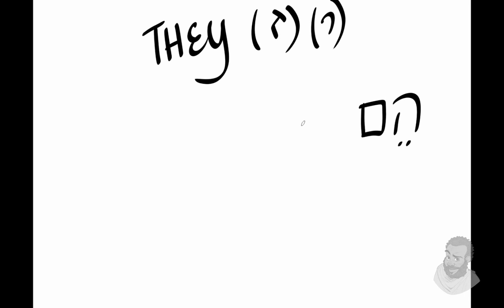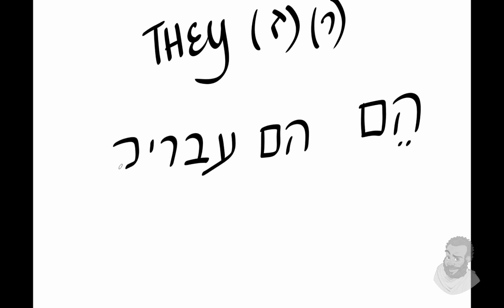Now this is different. So you say him. Evrim. Him. Evrim. Him Evrim. Okay. Him Evrim.